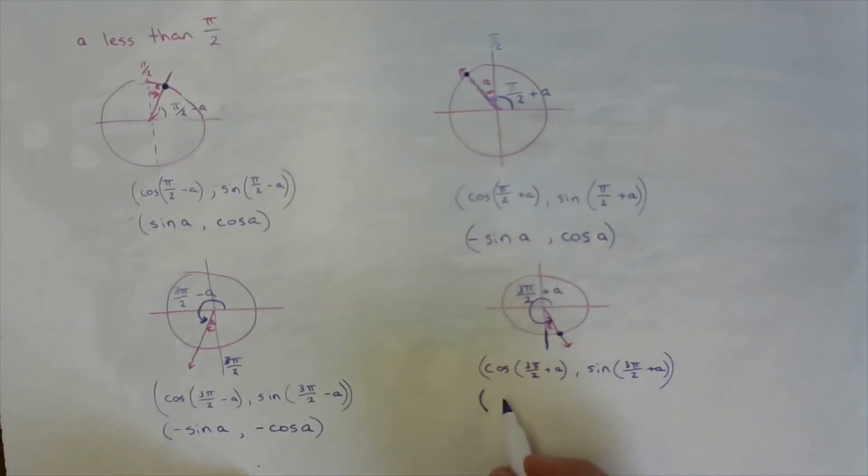So we're looking at positive sine of A, comma, negative cosine of A.